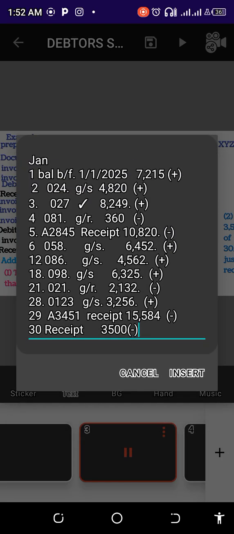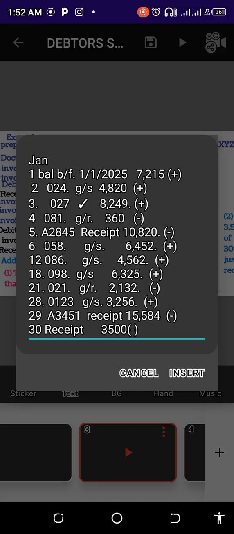That by January 1, 2025, XYZ and Co. is owing 7,250. That 7,250 becomes the balance brought forward, which is a debit. So it will be on the debit of the statement of account.